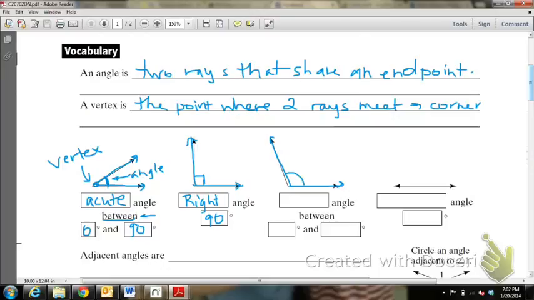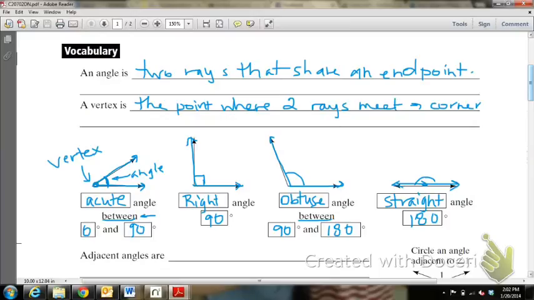And an angle here, here's my angle. If it's bigger than 90 degrees, we call it obtuse. And it's between 90 and 180 degrees. Now, remember we say between because as soon as it hits, here's my little vertex, this is the angle, as soon as it hits 180 degrees, we call it a straight angle.